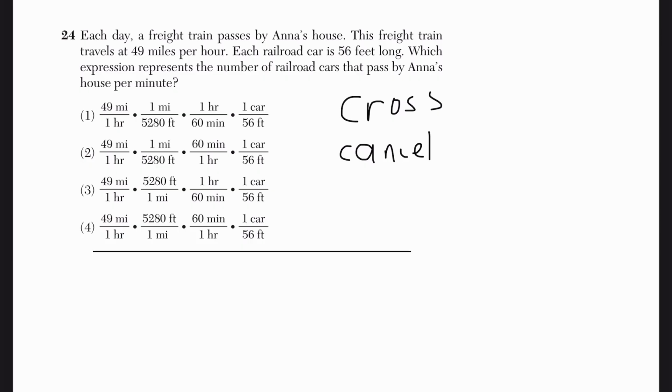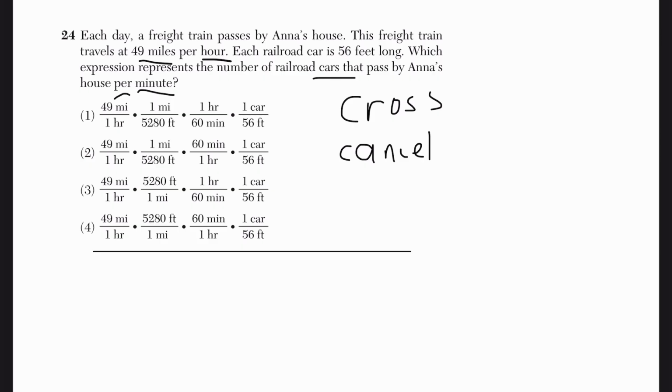I'm looking for a pair, and then I'm going to cross it out because I just want to be left with cars per minute, and I'm starting with miles per hour. So let's check what I mean by that.